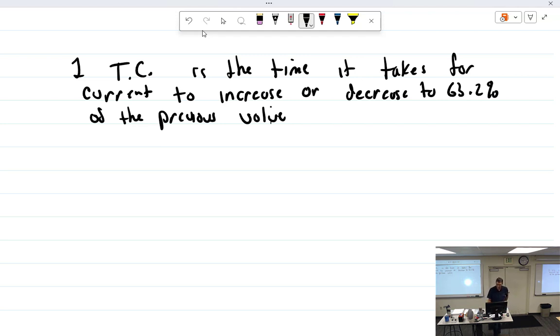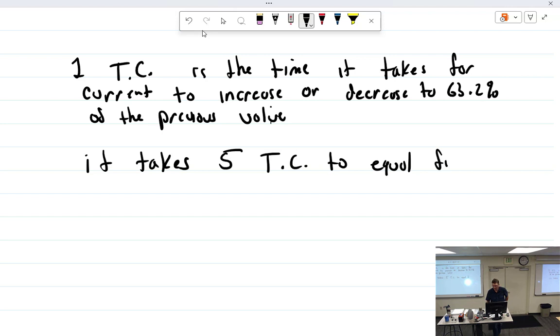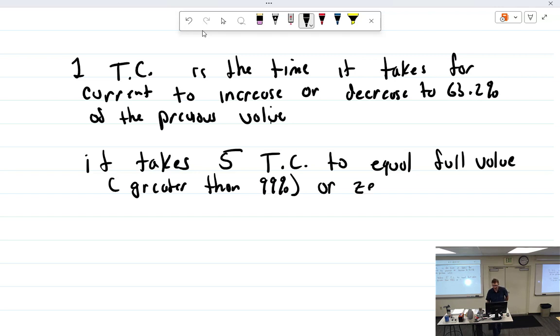So it takes 5 time constants to equal full value, which is defined as greater than 99% on, or 0 value, which is defined as less than 1%.